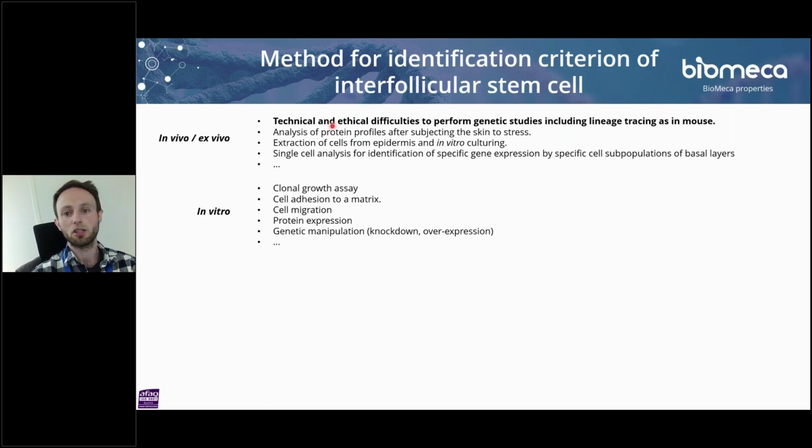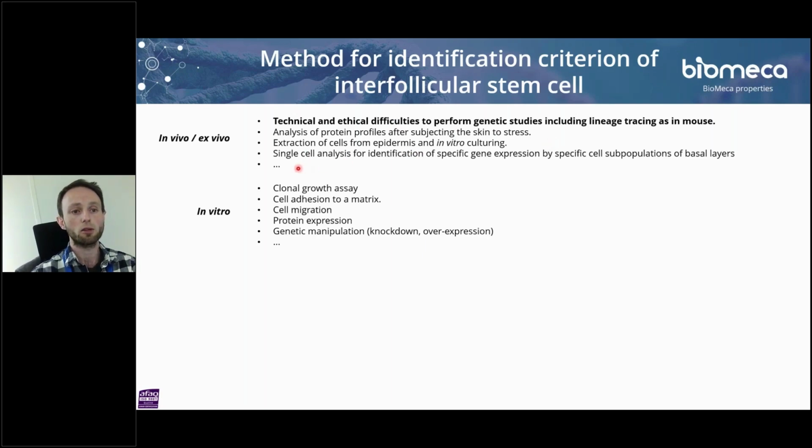So the main approaches to identify the stemness potential of this cell population include the analysis of protein pattern after submission of the skin to a stress or during the comparison between a young and an older skin. Some approaches consist in the extraction of cells from the epidermis, or basal cells from the epidermis, for in vitro culture, which is widely used for this type of experiment.